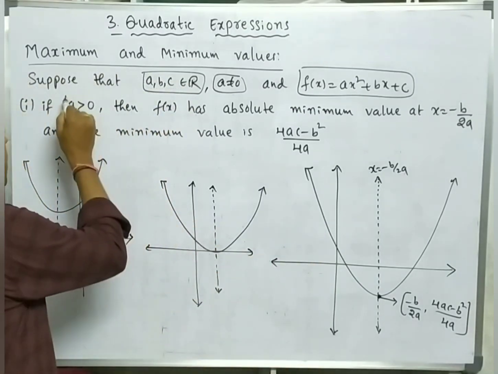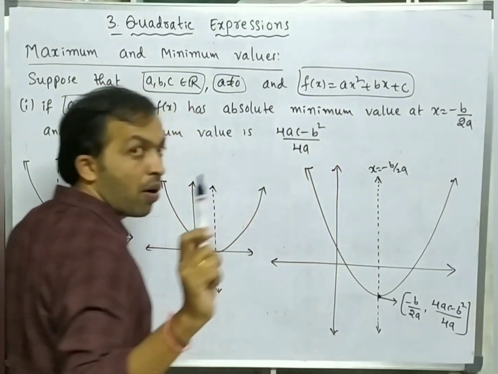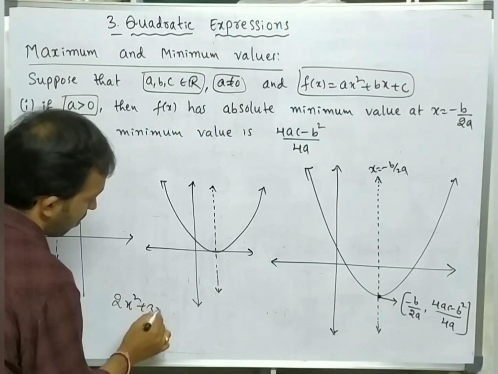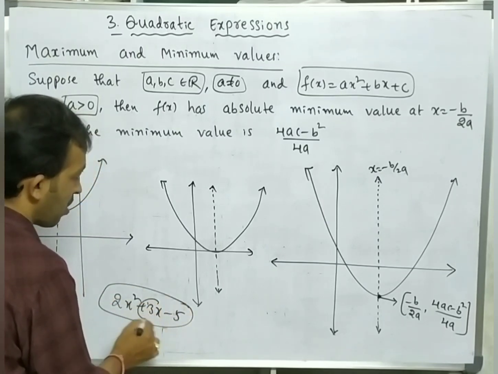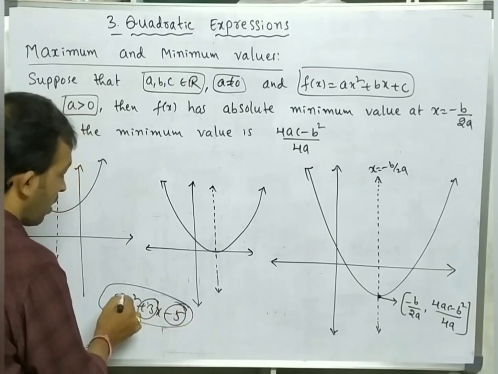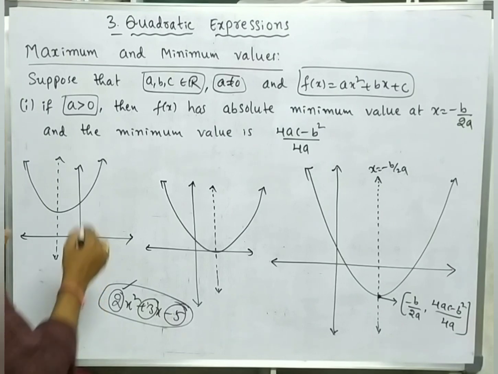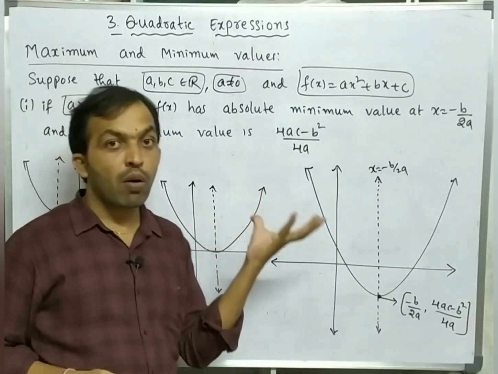If a is greater than 0, meaning the coefficient of x square is positive, like 2x square plus 3x plus 5 or minus 5, these signs do not matter at all, if the coefficient of x square is positive, then the parabola opens upward.